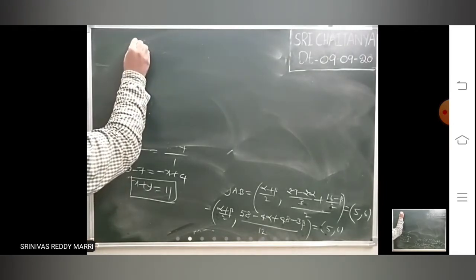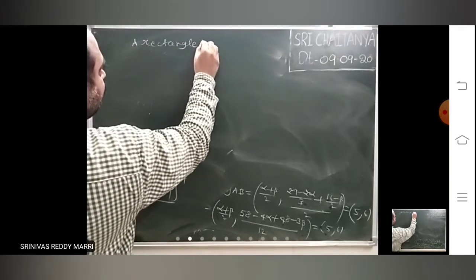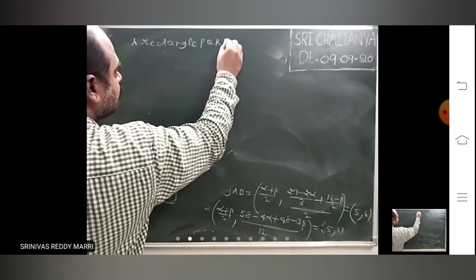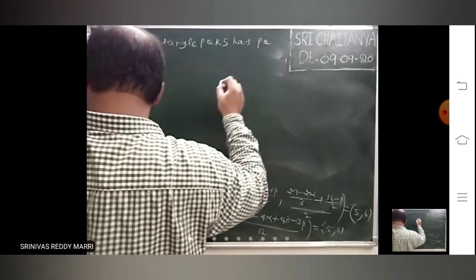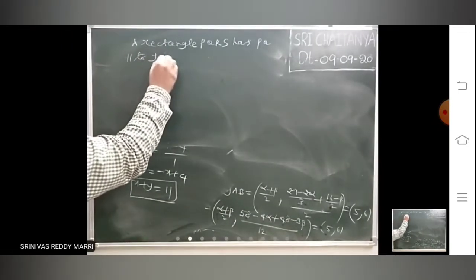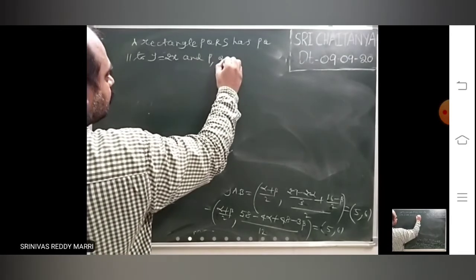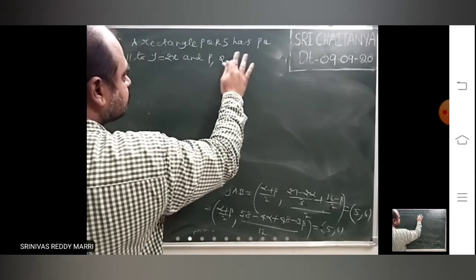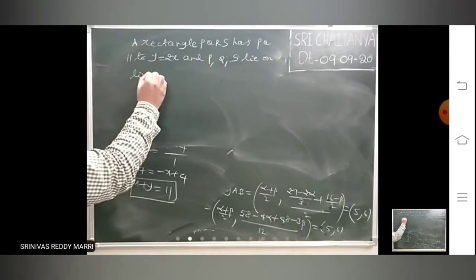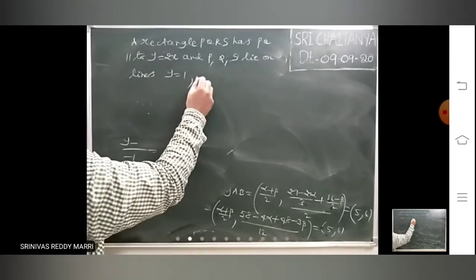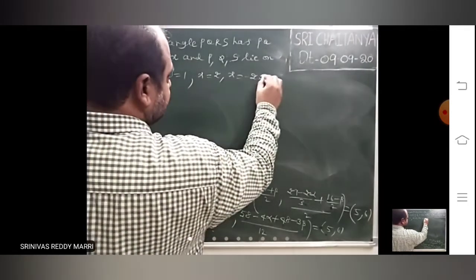A rectangle PQRS. A rectangle PQRS has PQ parallel to y equal to 2x and P comma Q comma S lie on lines y equal to 1, x equal to 2, x equal to minus 2 respectively.